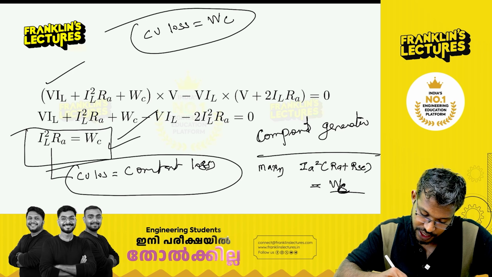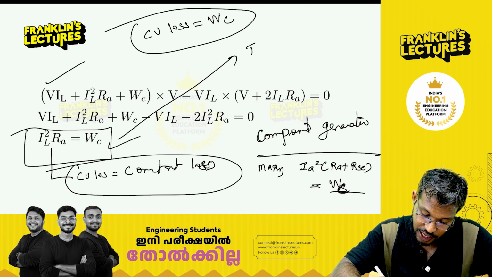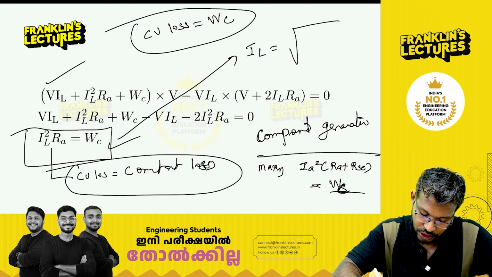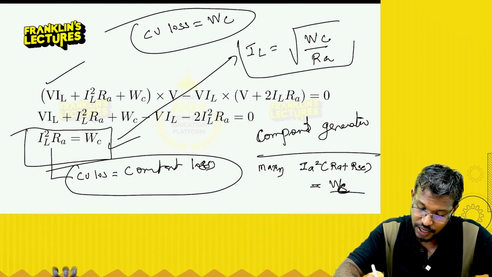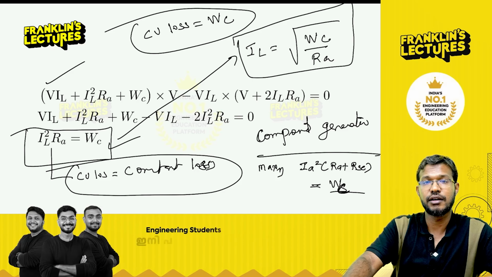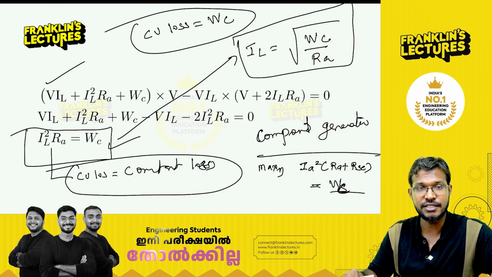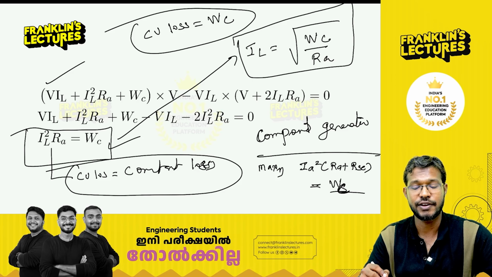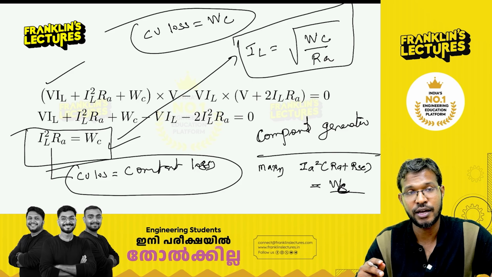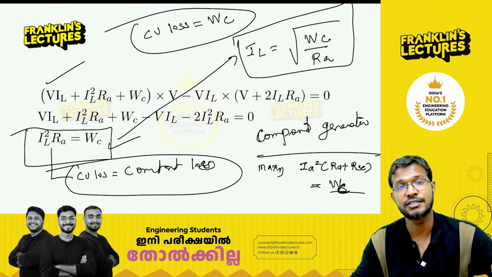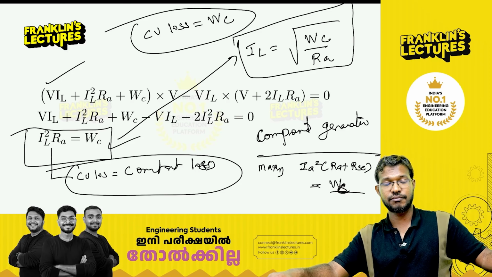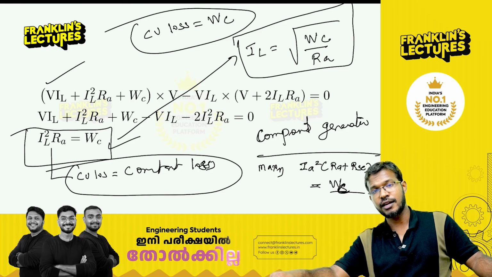Now we can find that IL is equal to root of WC by RA. So the load current at which maximum efficiency occurs will be root of WC by RA. Problems ask what is the current at maximum efficiency?